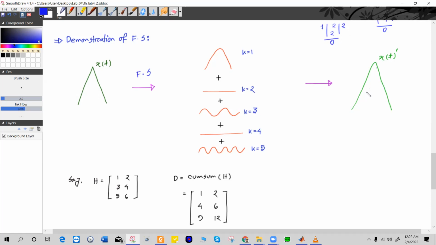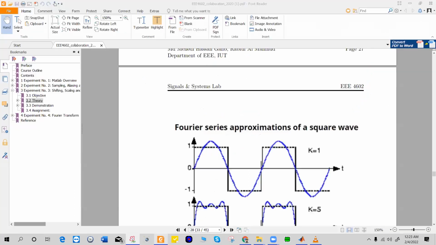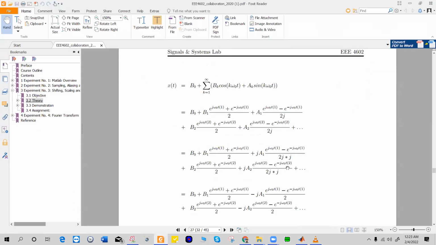So let's again understand what we are going to do today. First, we'll have x t, we'll perform the Fourier series, we'll see the frequency components, and then we'll add all of them and retrieve the signal x t prime again. So this will be our goal, and for that we just need this equation.